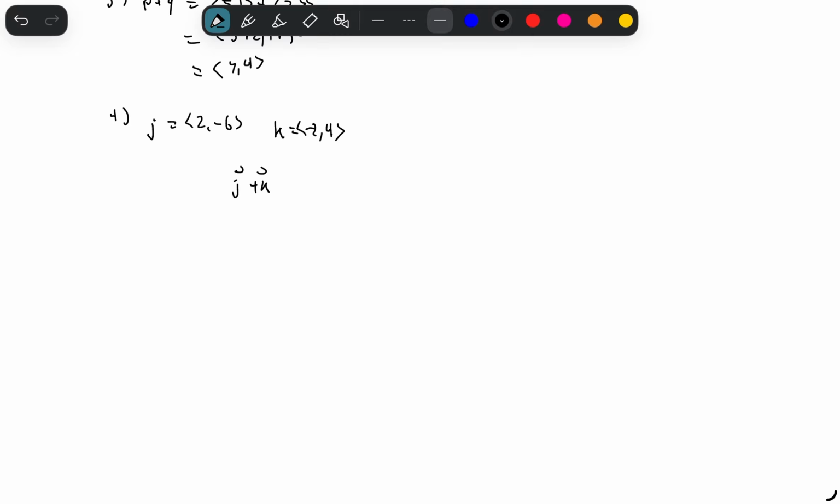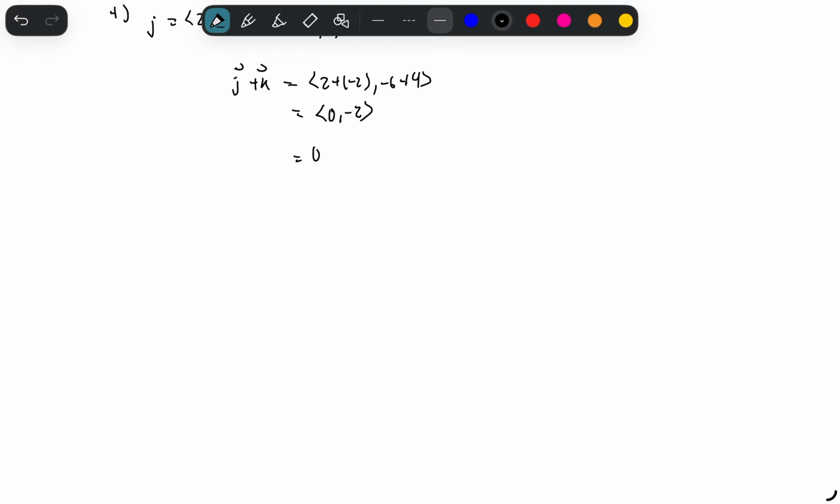So this is 2 plus negative 2. You could also write this as the linear form, or as a column vector, or matrix.